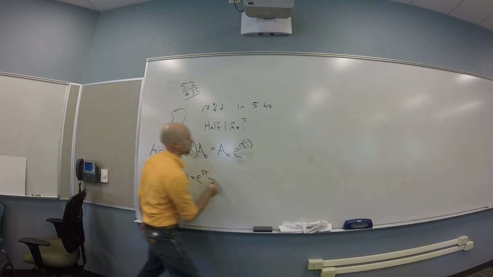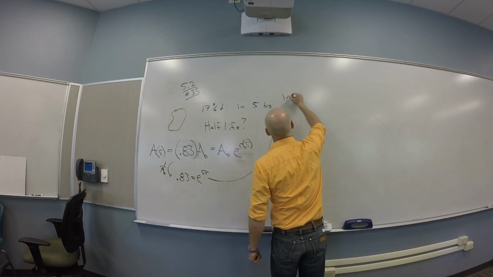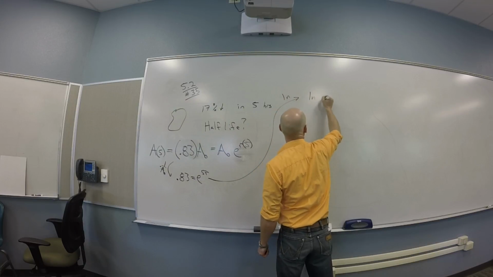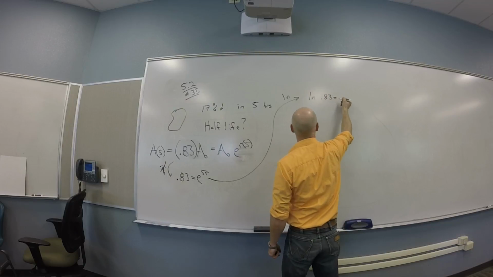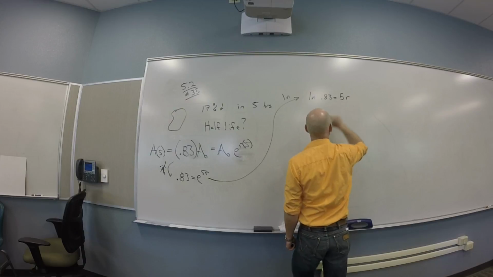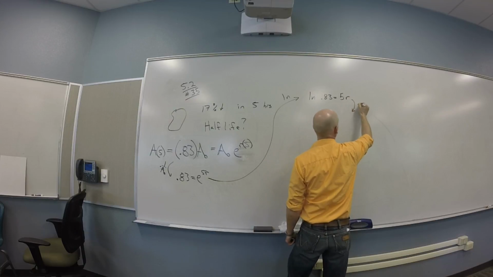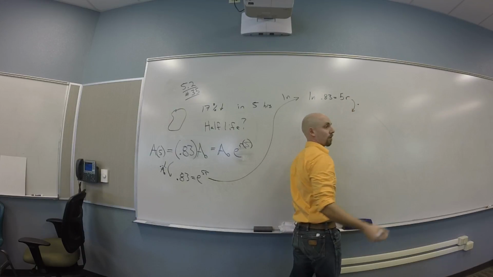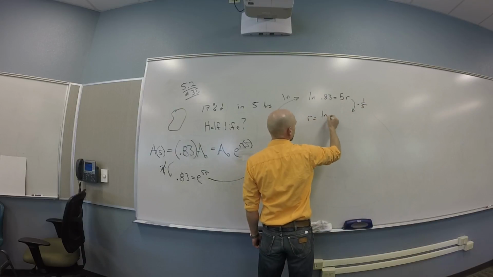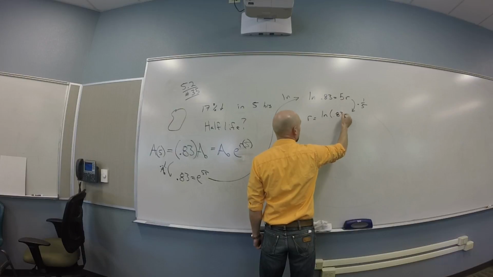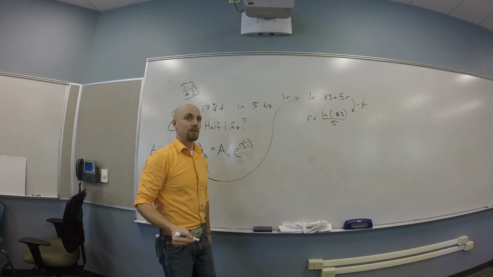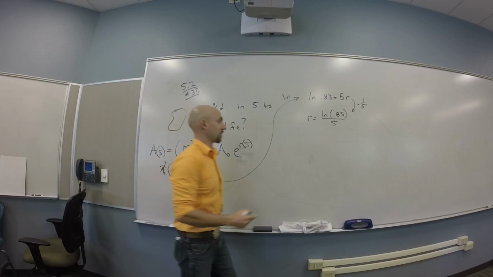Log both sides? So log both sides, you get natural log of 0.83 is 5 times r. And then you multiply both sides by 1/5. And so you get r is natural log of 0.83 over 5, which is negative 0.0373.